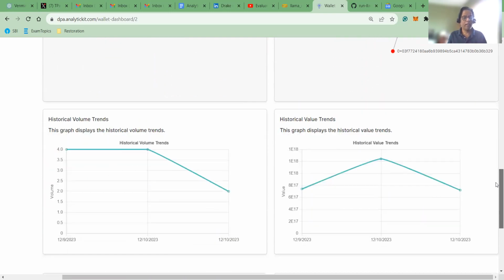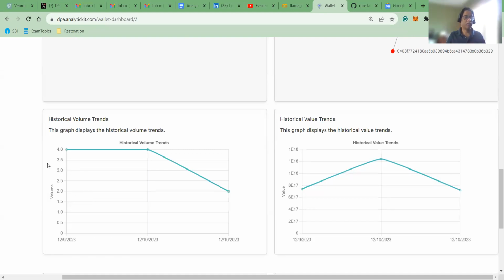Okay, and then the other one shows the historical volume trends. Again, right now it is just showing 3 dates. Once more and more data comes in on the Ethereum blockchain, you will be able to view a lot more historical data about your customers and what they did, the total number of transactions on each day, and whether it is going up or coming down.